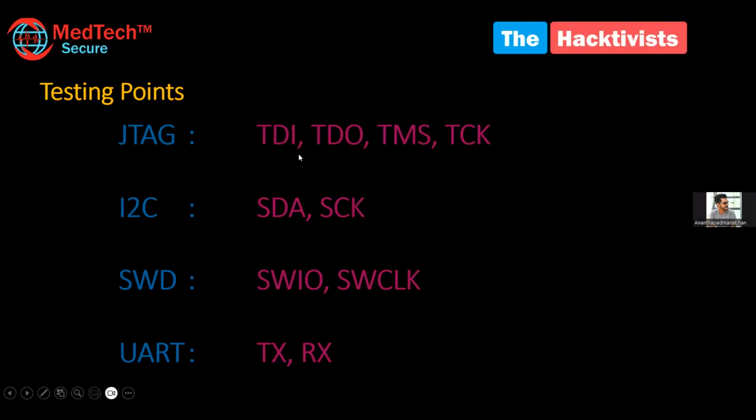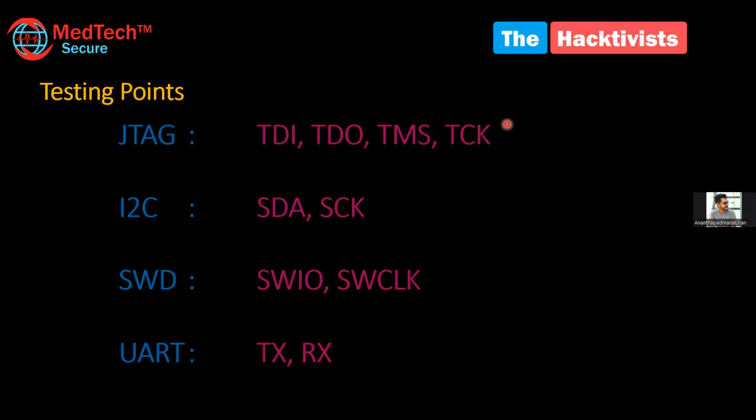And suppose it doesn't have any TDI or TDO ports, but instead you have found SDA or SCK. That means it is using the I2C protocol in that particular device. So similarly, we'll generally look into mainly these testing points, although there are other points as well.